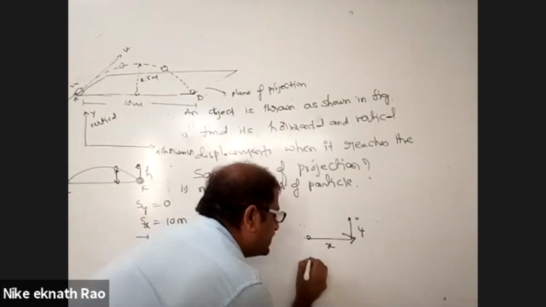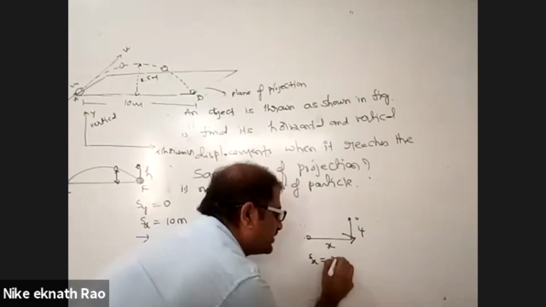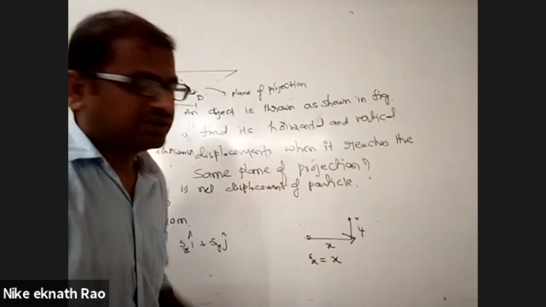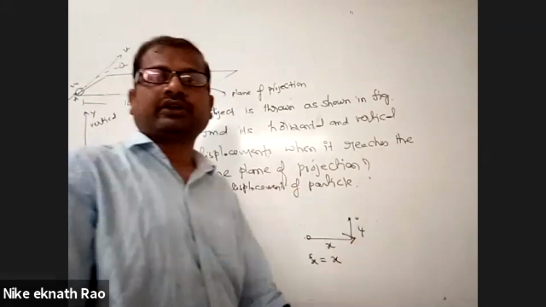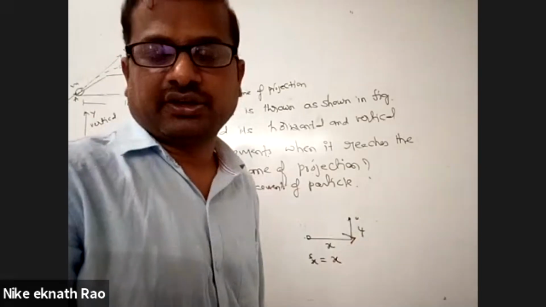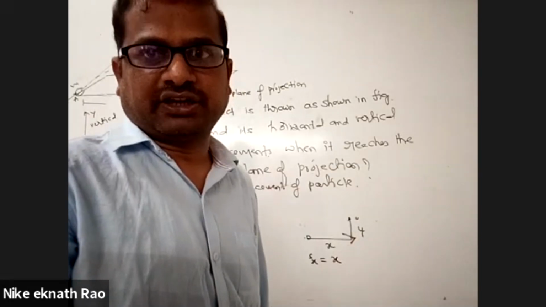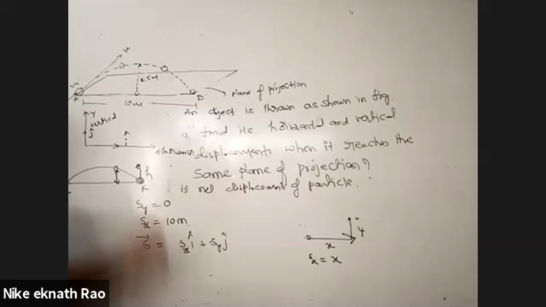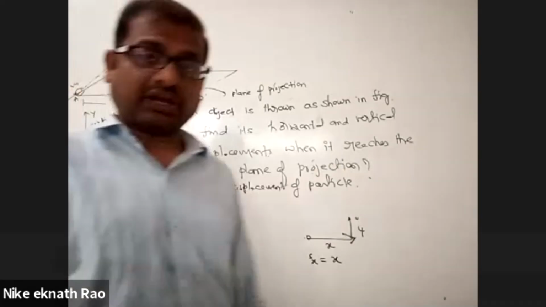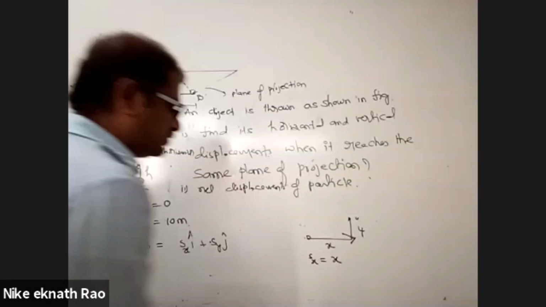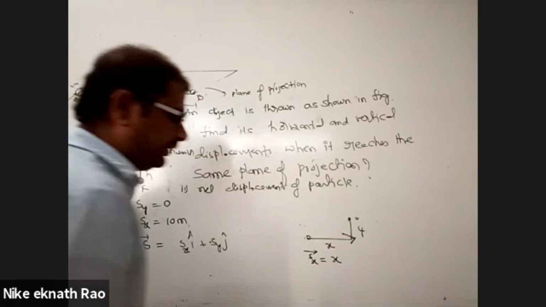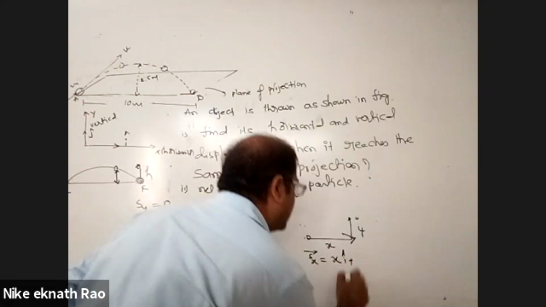I can write the displacement in the x direction as magnitude x, and direction along the x direction. Direction is given by the unit vector. What is the unit vector in the x direction? i cap. And in the y direction? j cap. Yesterday's unit vector class. So Sx bar will be x into i cap.